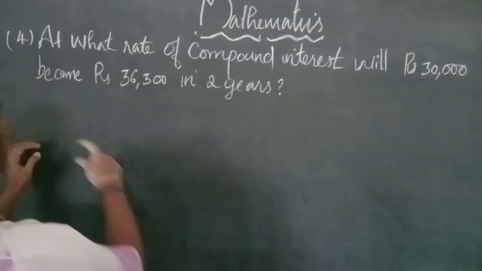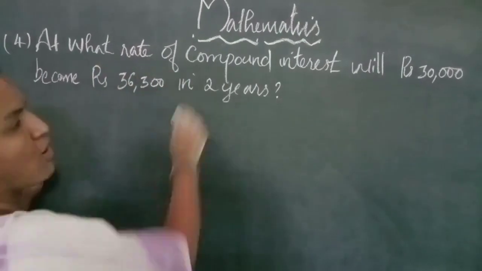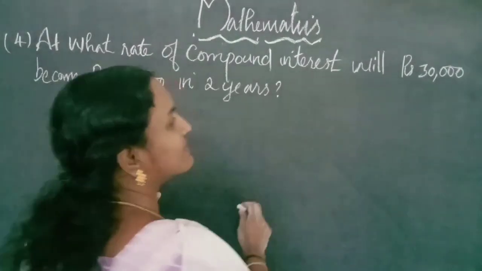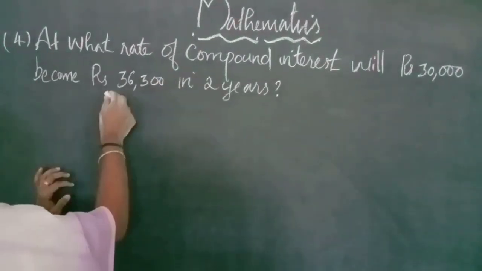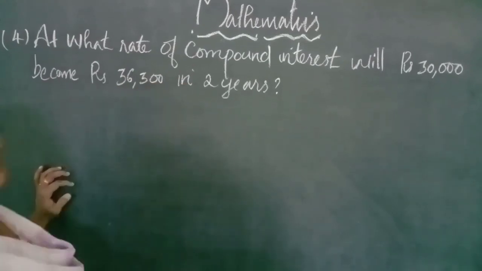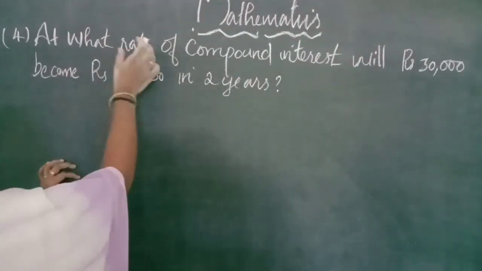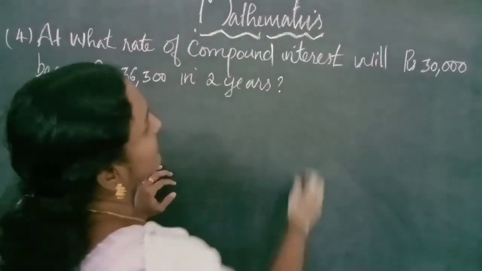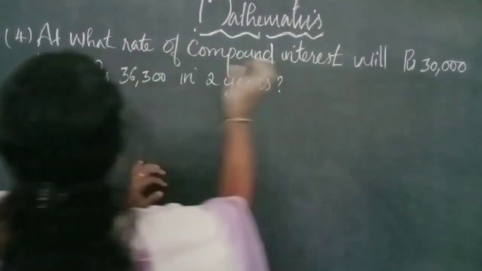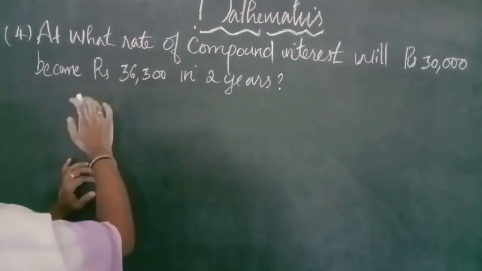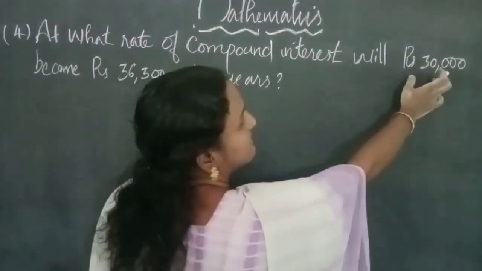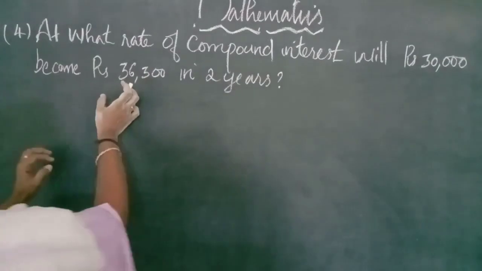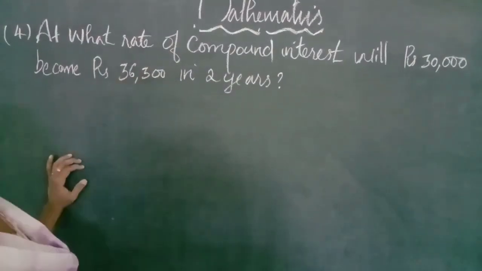Then question number 4. At what rate of compound interest will rupees 30,000 become rupees 36,300 in 2 years? So we have to find the rate of interest. What is given? Rupees 30,000 becomes rupees 36,300. So your principal P is 30,000 and your amount is 36,300.